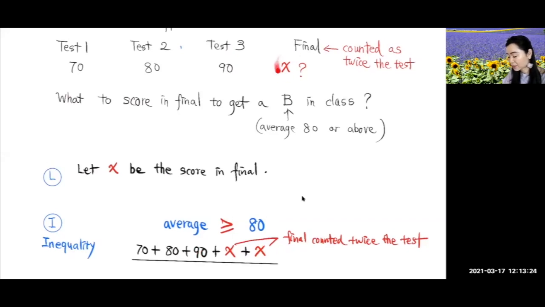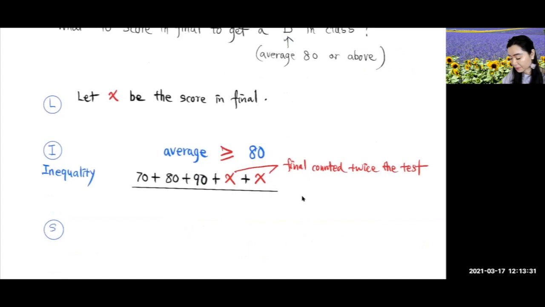The final counts as 2 tests. So 1, 2, 3, and then adding 2, it will be 5. So divide by 5. That's the average. Now it is greater than or equal to 80. Now we've set up this inequality. That's the second step.